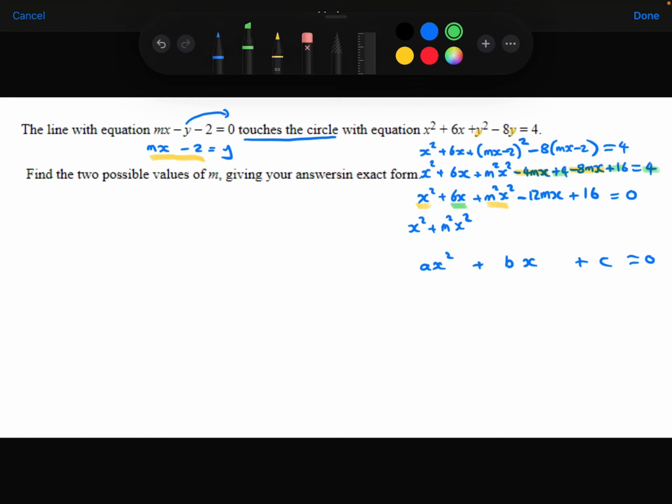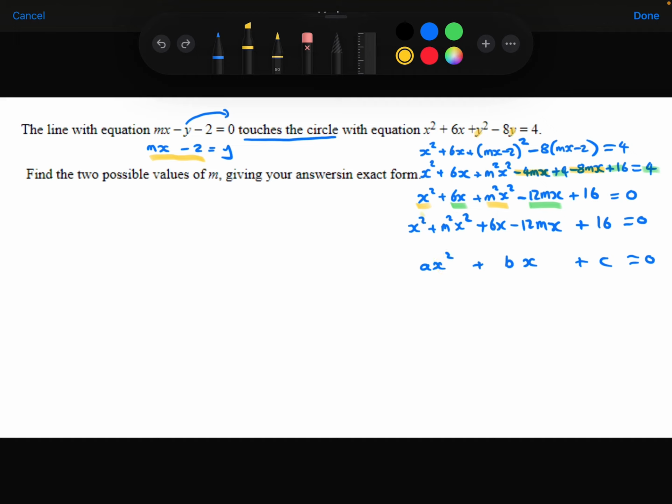Then I've got the x terms in the middle, and the 16 by itself on the end. Now, I want there to be an x squared by itself. I don't want to have these two x squareds.